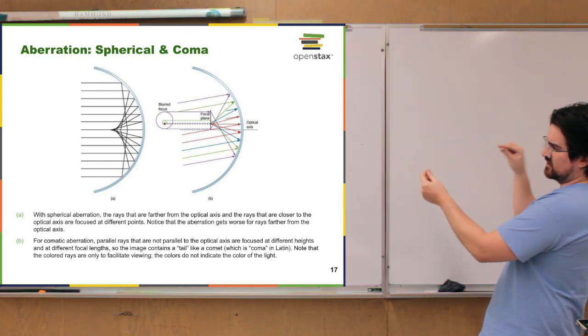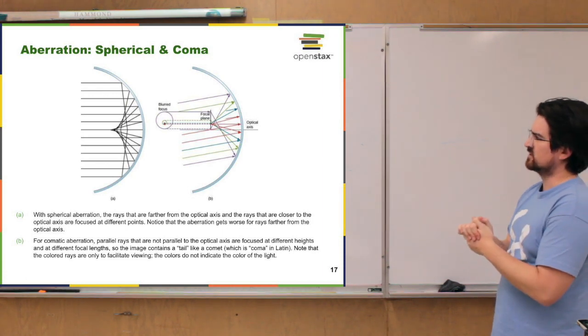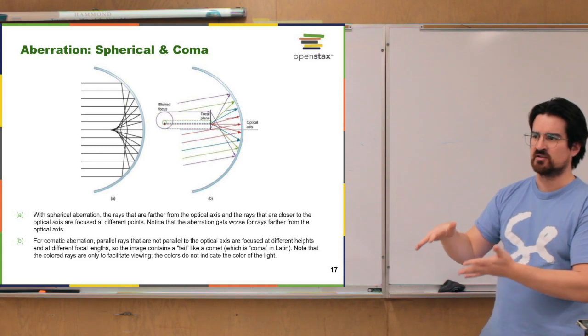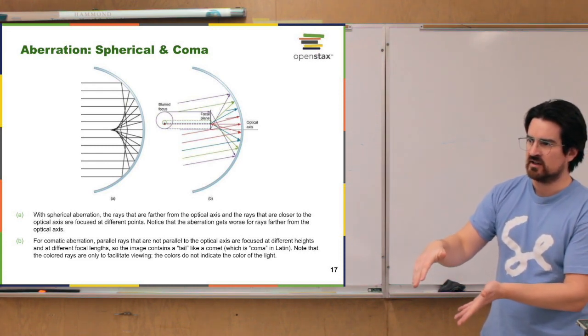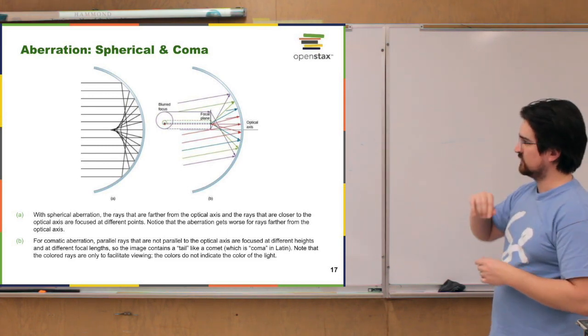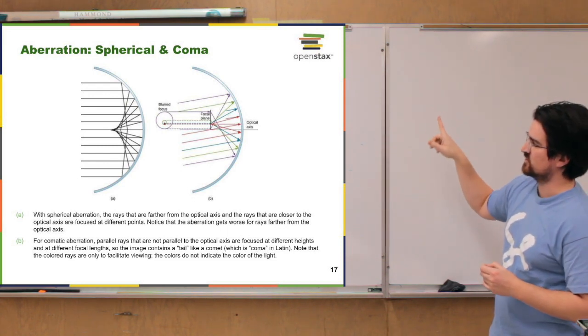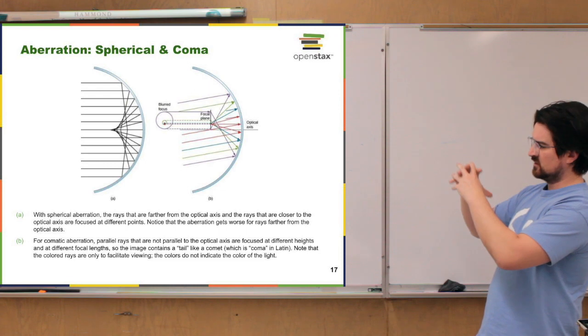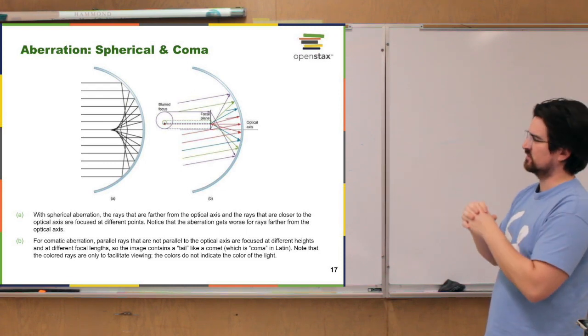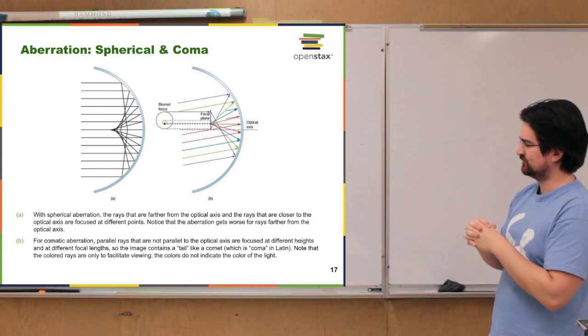Essentially they get focused to a line here instead. And then coma aberrations are when we're talking about rays coming in parallel, but at an angle to the optical axis, not along the optical axis. So you can get other kinds of aberrations there, which form expanding circular fuzziness going on.